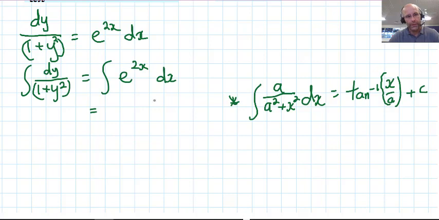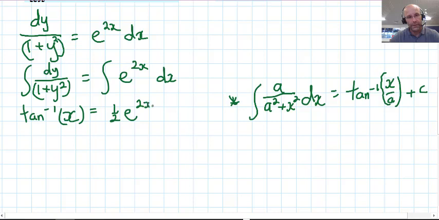So we're going to have arctan of y on 1, which is just arctan of y. And on the right hand side we've got half e to the 2x. Now the constants on the left and the right, we can just bundle them together as one constant. Nice and easy.